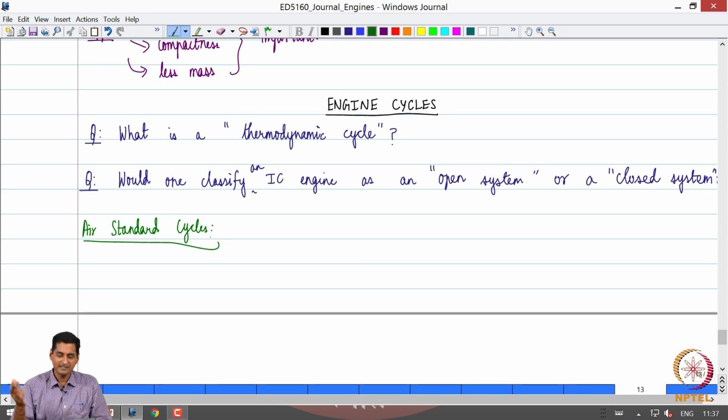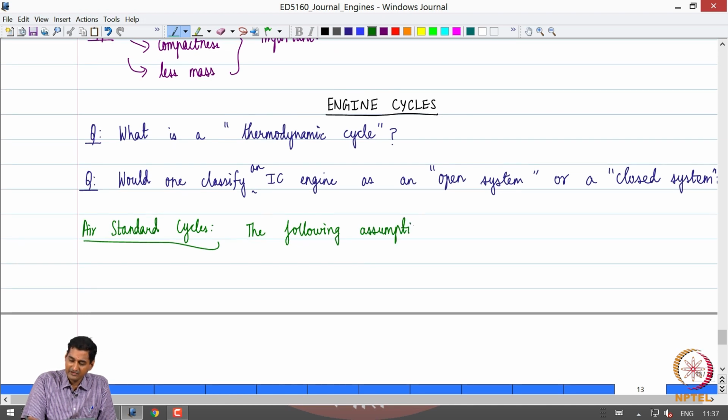What is an air standard cycle and how is it going to be utilized for engine analysis? So, there are some critical assumptions made when we deal with air standard cycles. The following assumptions are made.